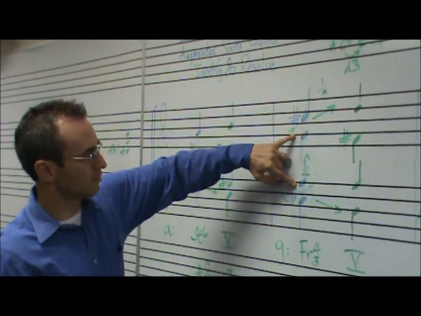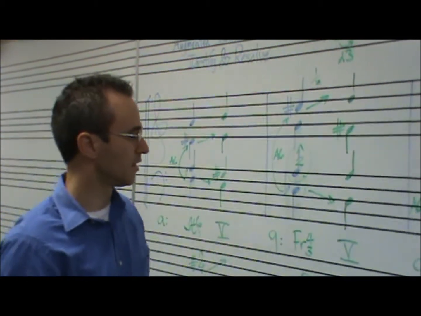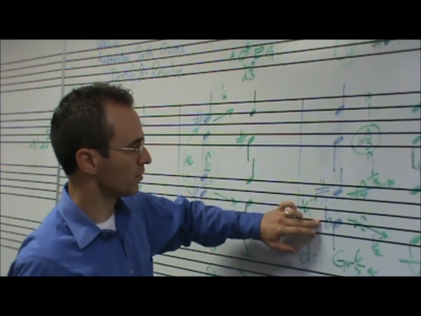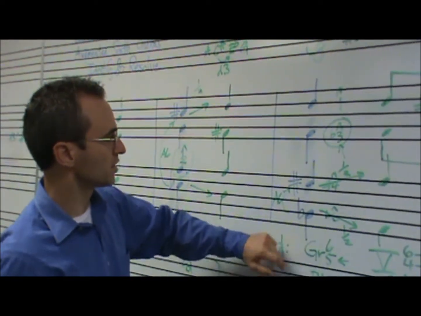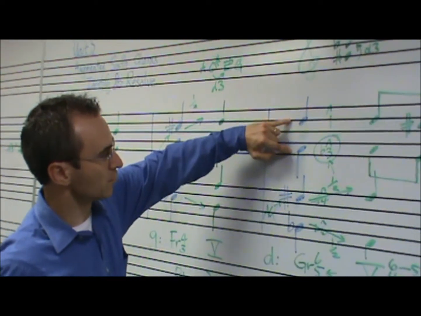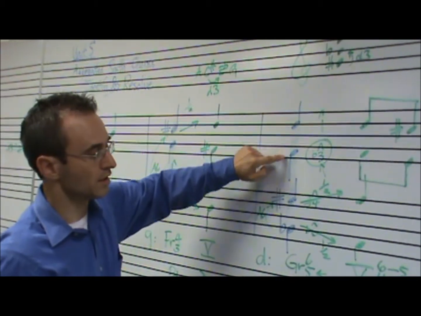Now you've still got scale degree 1, but now you've got scale degree 2 right against it. That makes it sound French. And here for the German 6-5, we've got scale degree 3. Yes, we've got scale degree 1 still, but now it's not doubled. We've got flat 3 in the mix, and that makes it German.